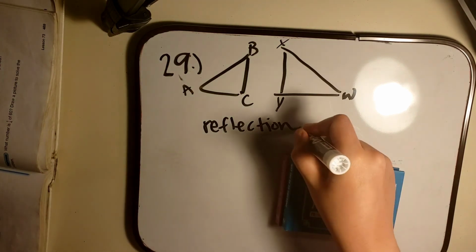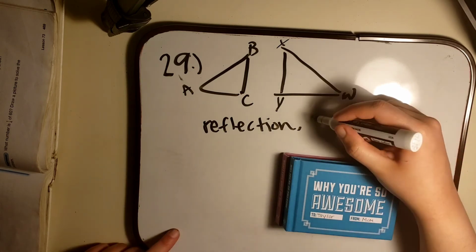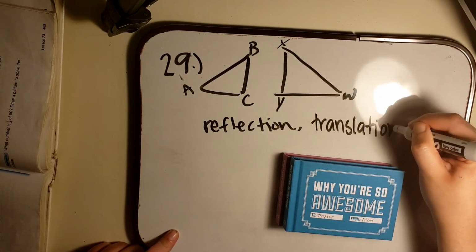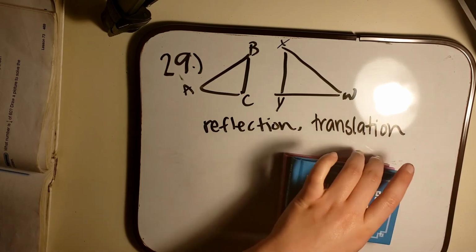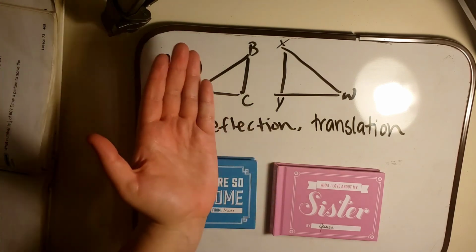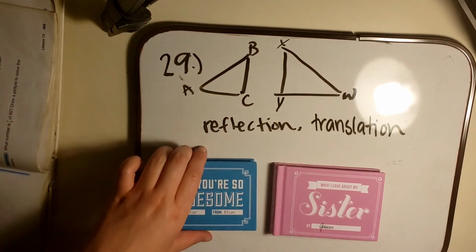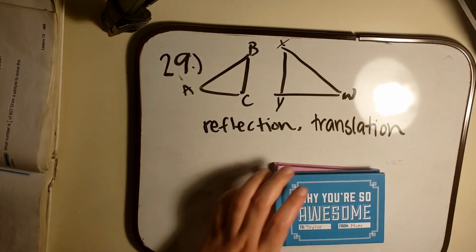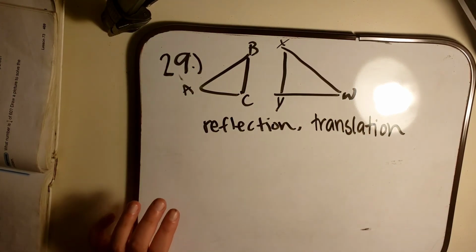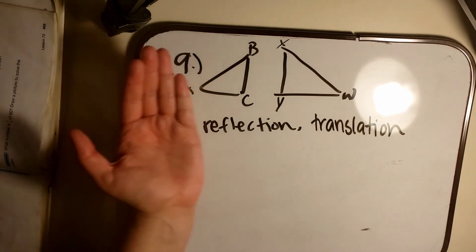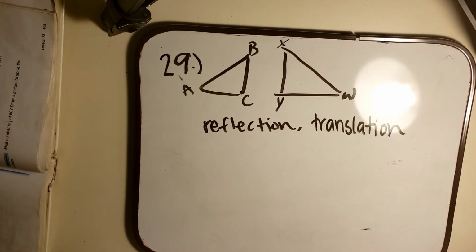A slide is called a translation. So reflection, you flipped it over, and then you slid it on over, translation. So reflection, comma, translation. If you did translation, then reflection, same thing, you're going to get the same answer.